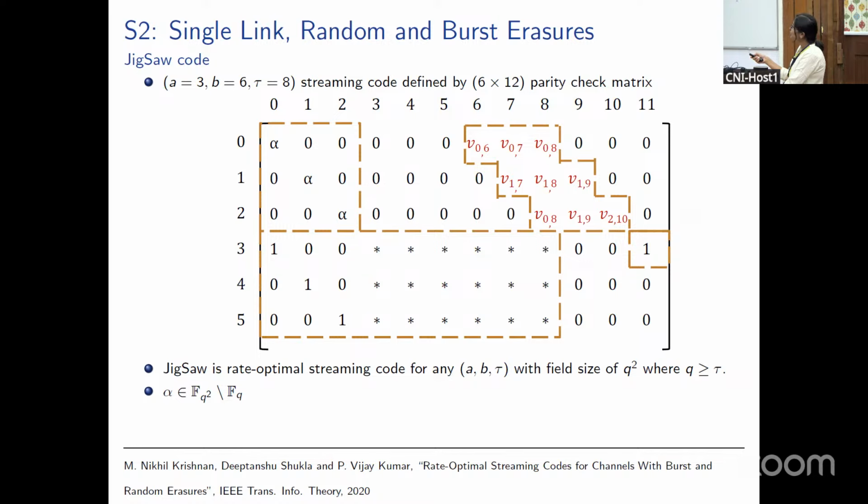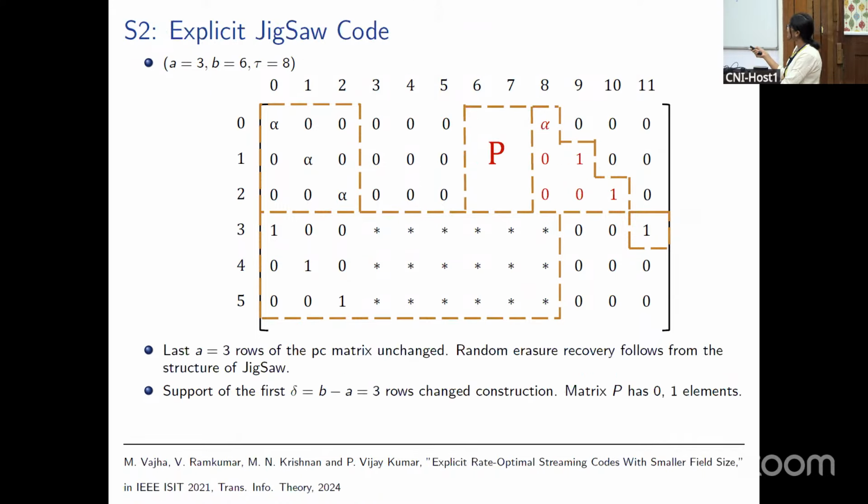In this jigsaw code paper, the construction was not explicit essentially. It was shown that you can pick some values for these variables such that the burst erasure correction property will go through. So what we did is that we gave an assignment to these V variables by using all the ideas we saw from the HT code, and we'll see now how to define this P matrix.